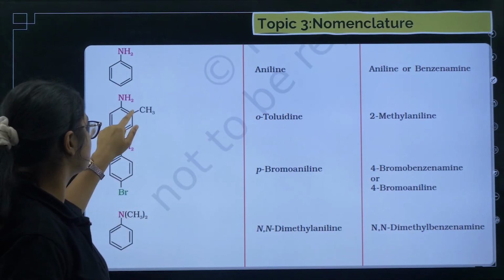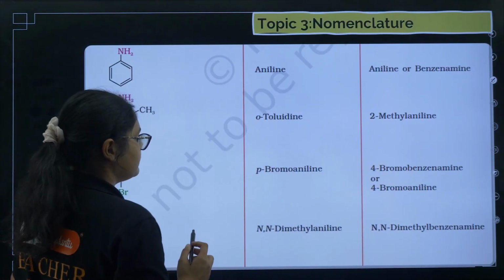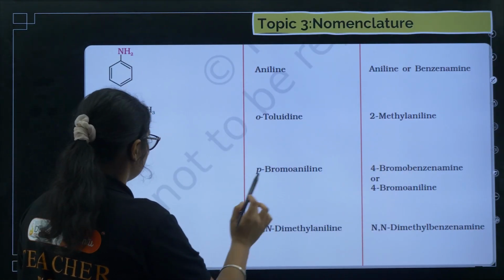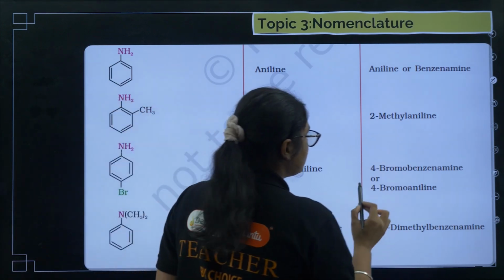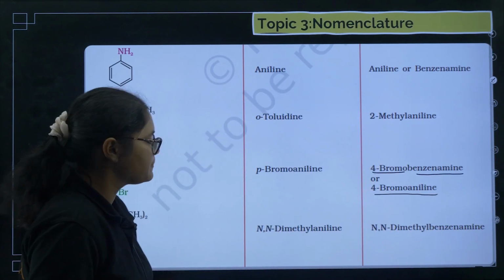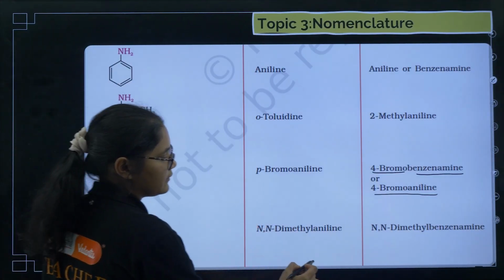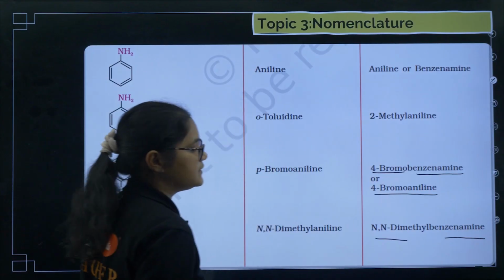So now we have ortho-toluidine or 2-methyl aniline. Similarly, you have para-bromoaniline or 4-bromobenzenamine, 4-bromoaniline.